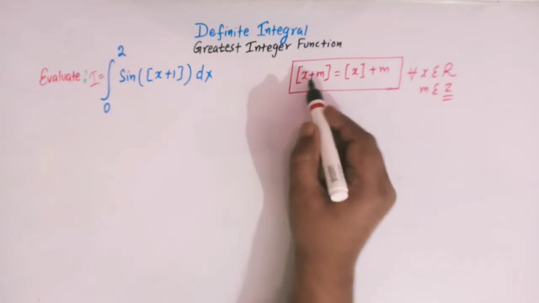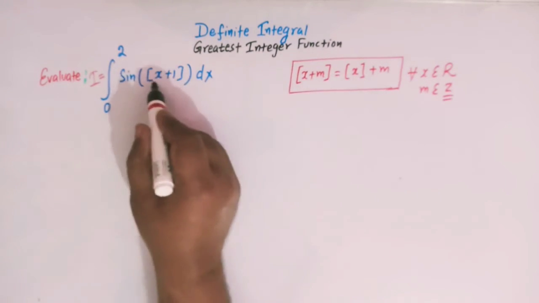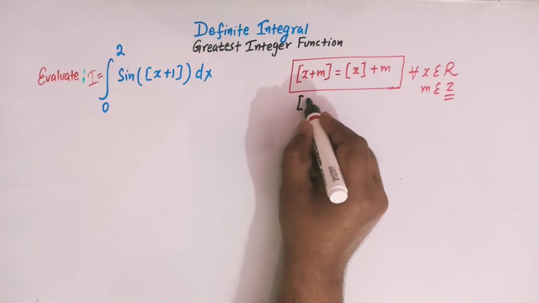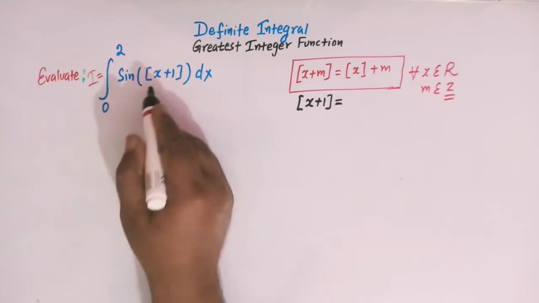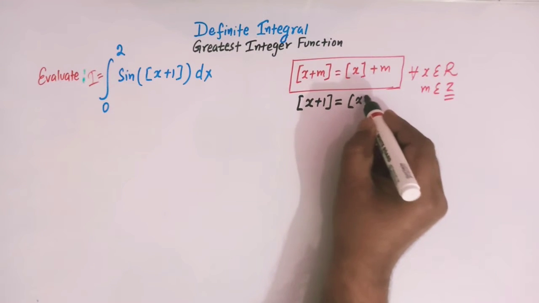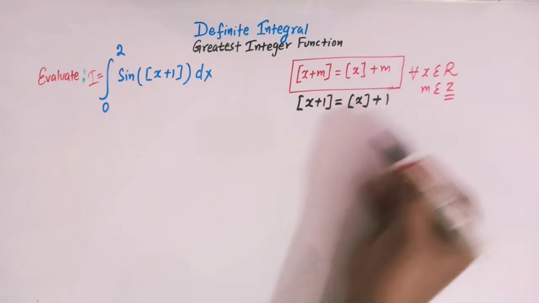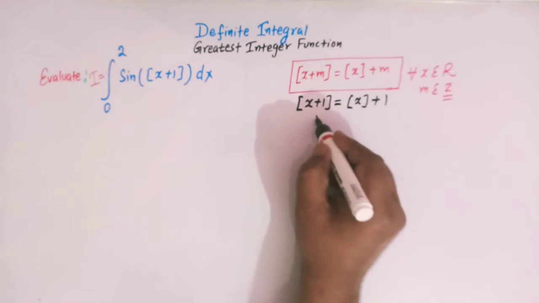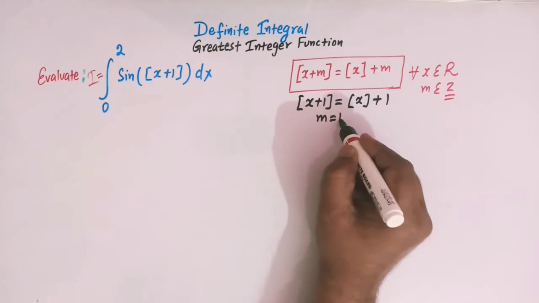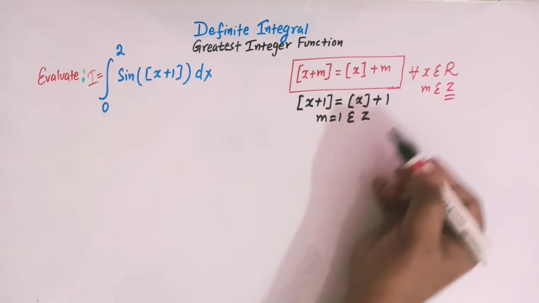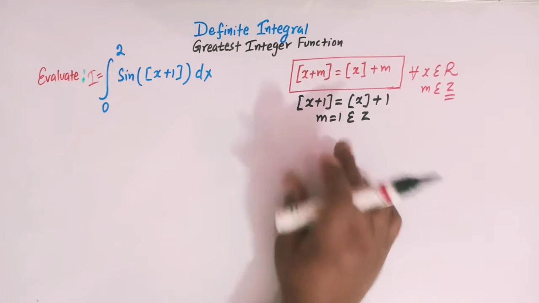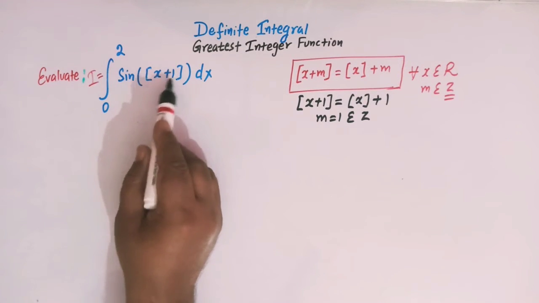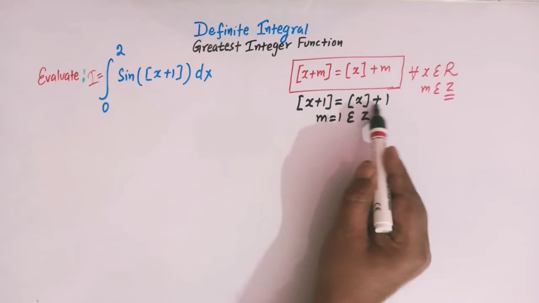Using it, the greatest integer of x plus 1 can be written as the greatest integer of x plus 1, because here m is 1 and 1 is an integer. So now we can replace it by this expression.